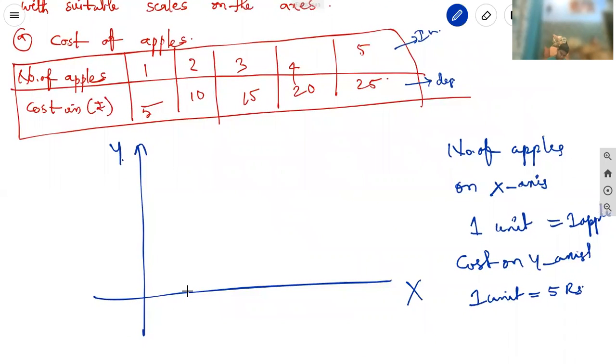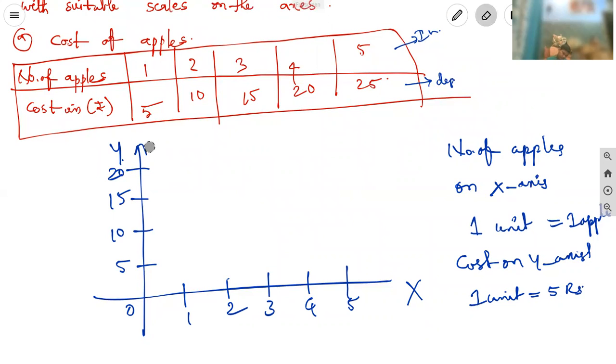graph. We draw the graph from the relation of the number of apples and cost. 1, 2, 3, 4, 5, and 1 unit equal to 5, 10, 15, 20, 25.